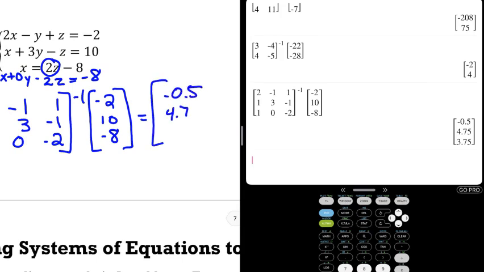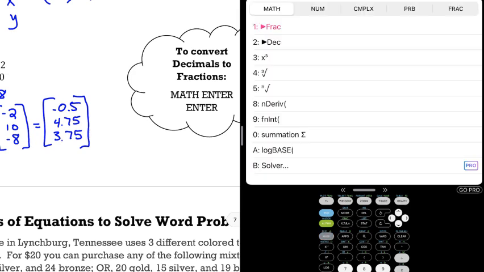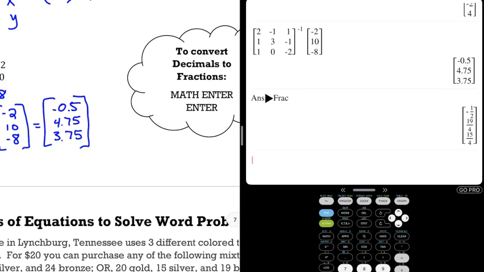Okay, so we get negative 0.5, 4.75, and 3.75. So we have x, y, z. It does say to convert decimals to fractions, we can hit math, enter. And it'll actually change them to fractions, which is a good thing sometimes. If we're talking about money, that wouldn't be a good thing. So this is x, y, and z.